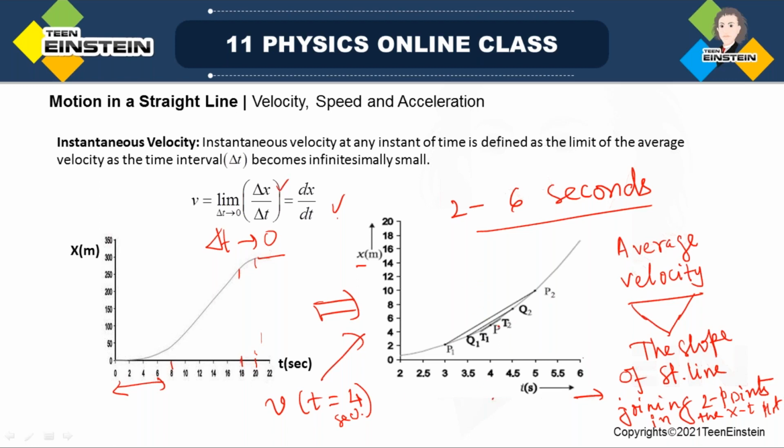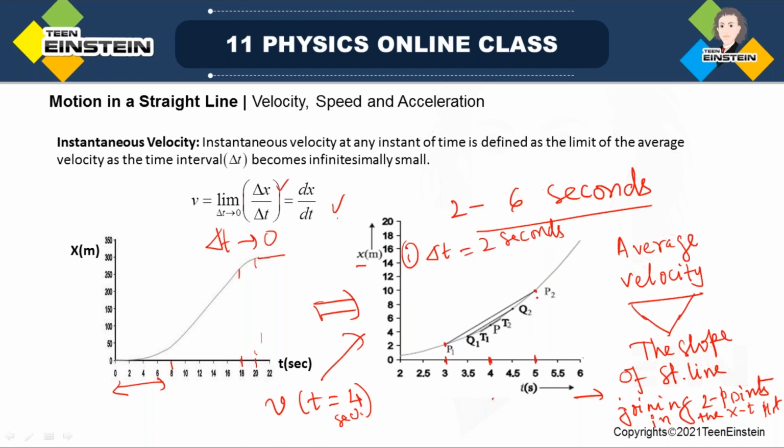Now look, in this curve, first I take an interval of 2 seconds, keeping this 4th second in the middle. So one point P1 is here at 3 seconds and another point P2 at around the 5th second.